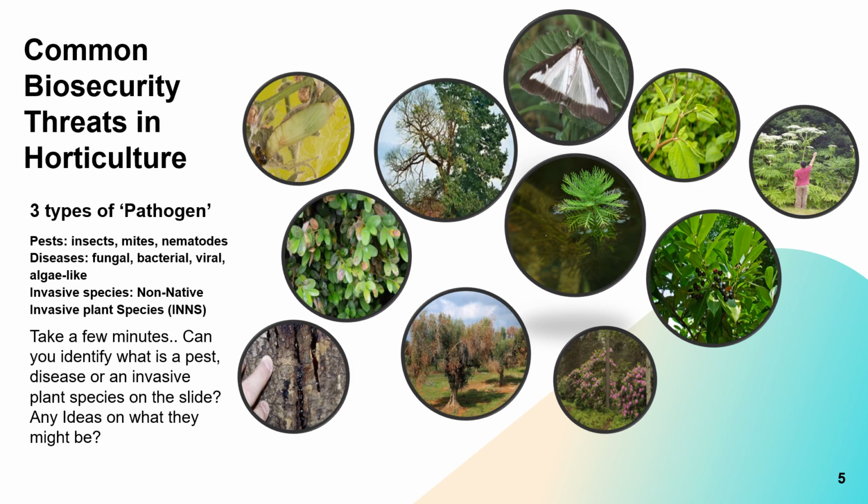What I'd like you to do, working in a group or on your own, is see if you can identify the differences on the slide between the pests, the diseases, and the invasive plant species. So what looks like a pest, what looks like a disease, and what looks like an invasive plant species. So have a little go, and I'll pull the answers up in just a few minutes.